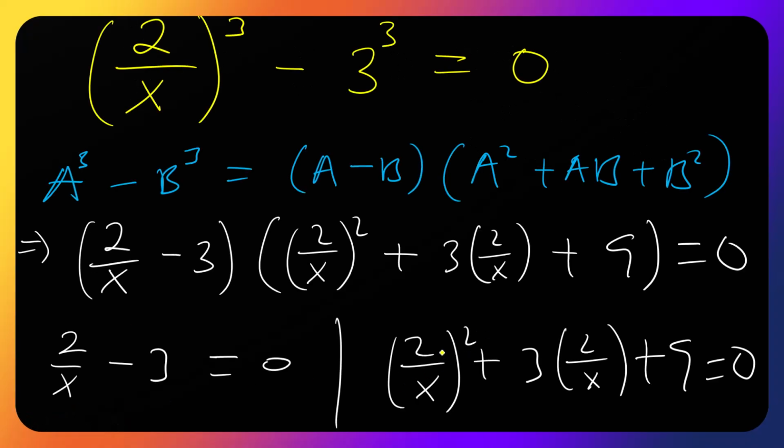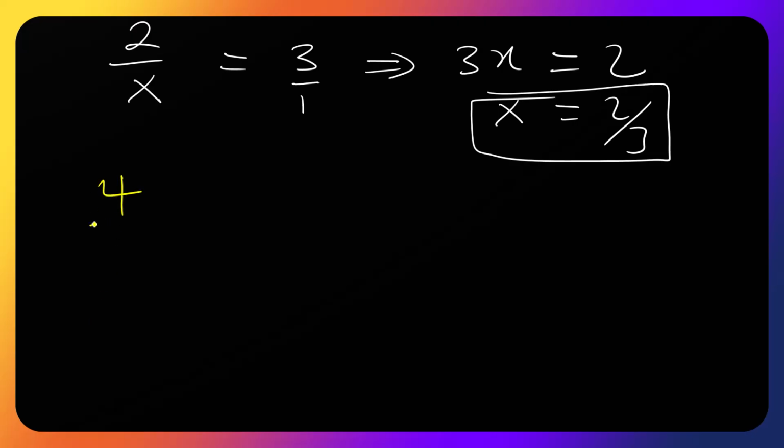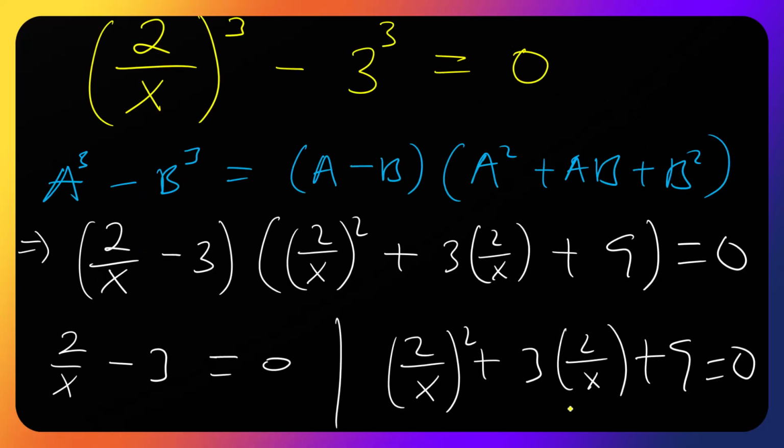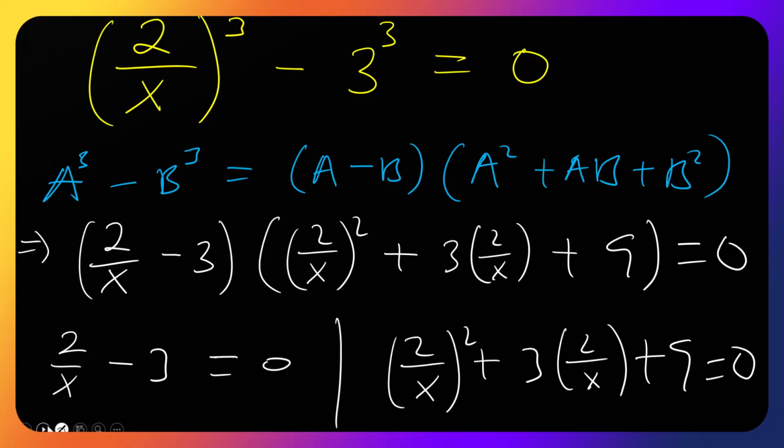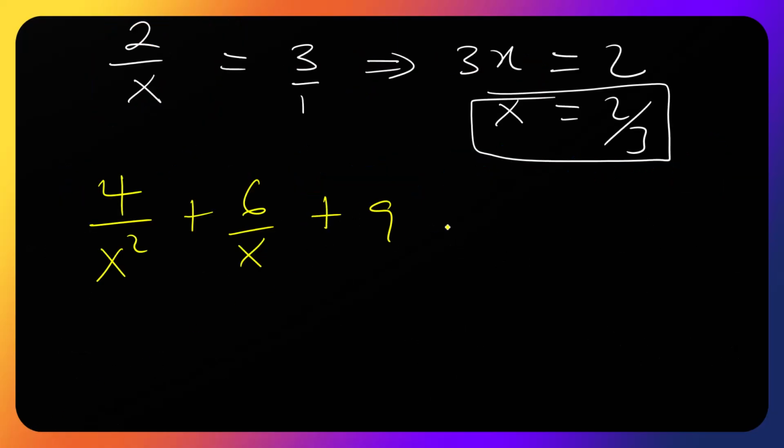So this side will be this one squared, that will be 4 on x squared, then this side will be plus 6 on x plus 9. Okay, so let's multiply through by the LCM, that will be x squared.